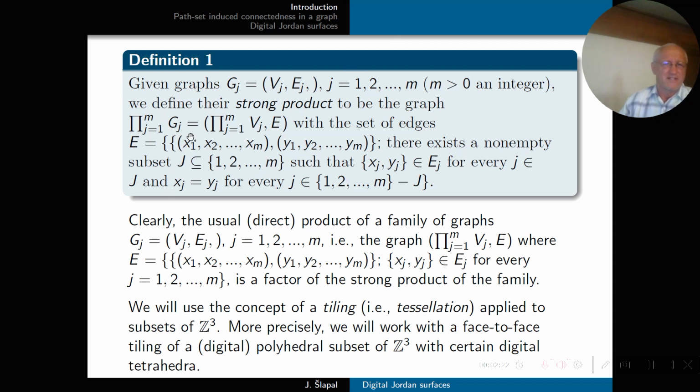If we have the Cartesian product of vertex sets, then two vertices of this product are adjacent if not only the corresponding coordinates are adjacent in the individual graphs, but they may also be equal, so that we have now more edges than in the classical Cartesian product. We will also employ the natural concept of tiling or tessellation applied to a subset of Z to the power of 3.